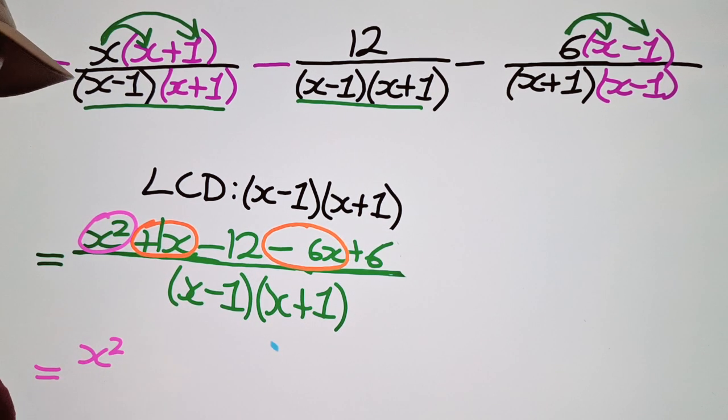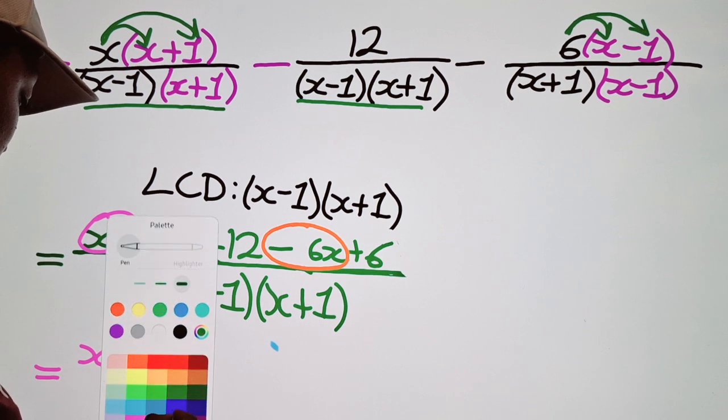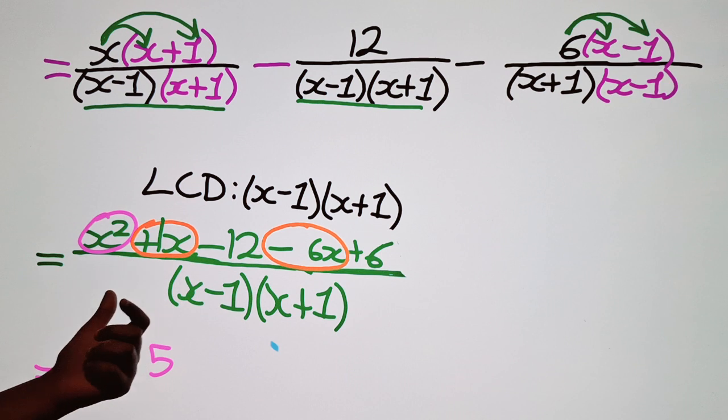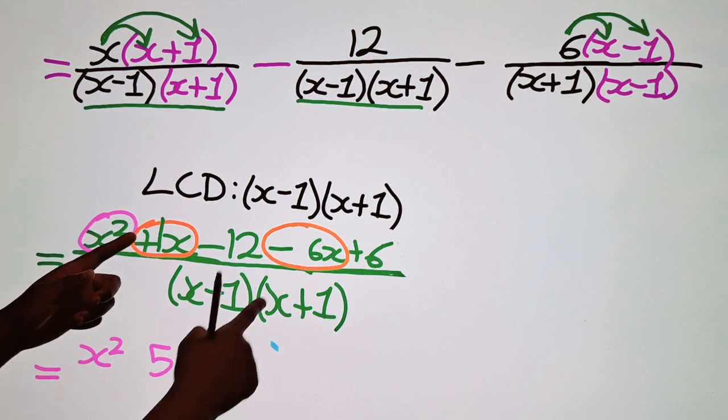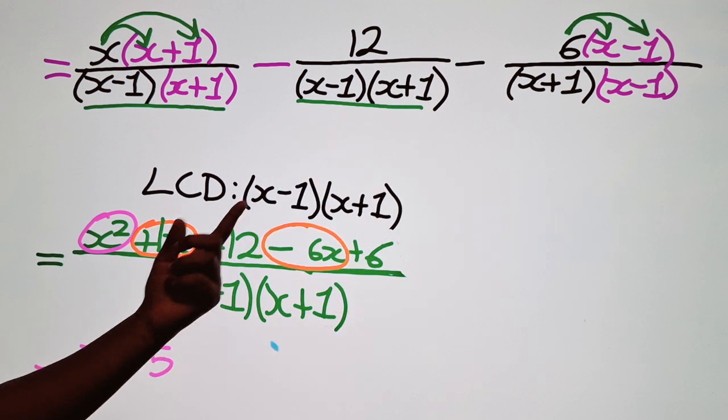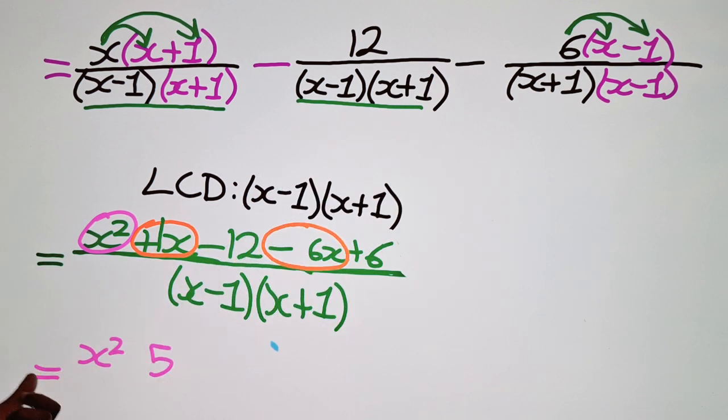Then you write 5. But the 5 should take the sign of the bigger number, which is 6. 6 is what? Negative. So it means that 5 will take negative.